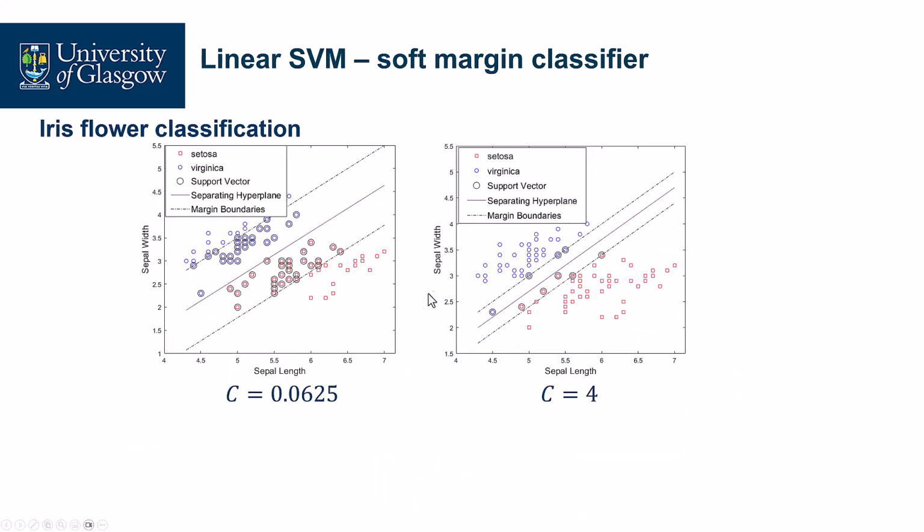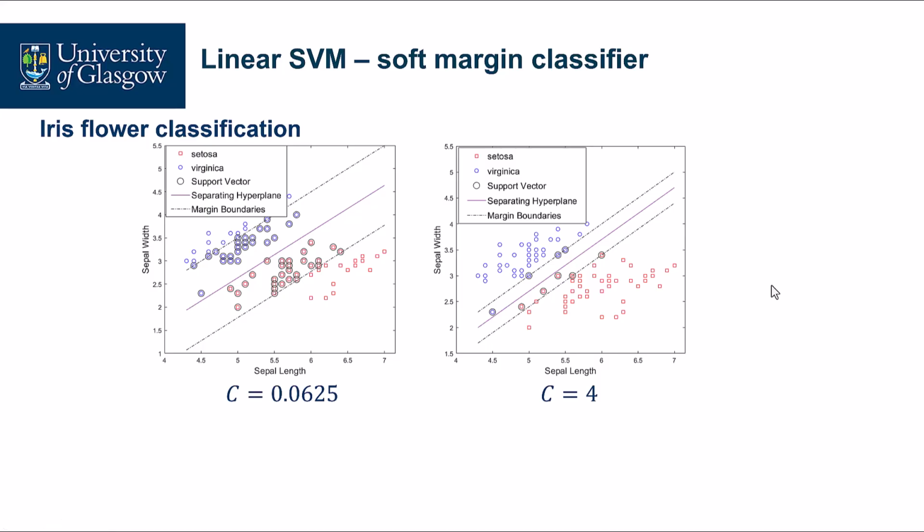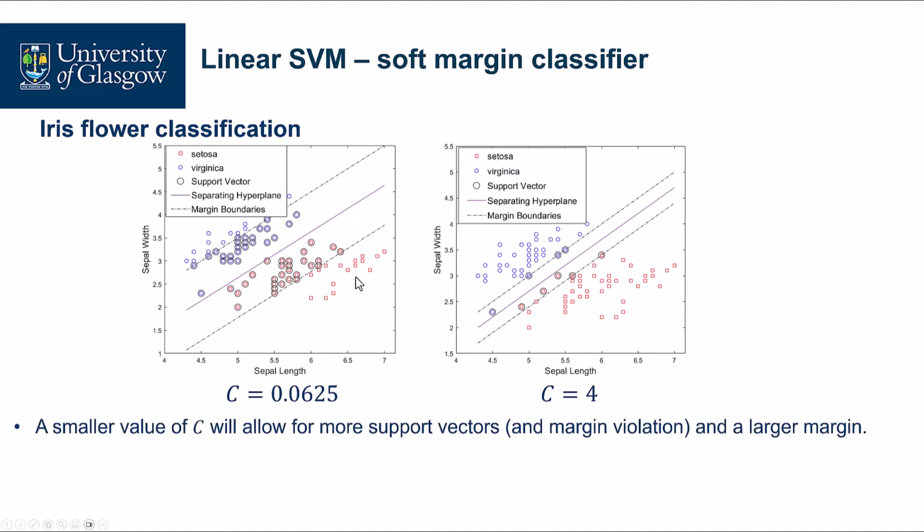In the last slides, we will use the iris flower case, as we have seen in the last session, and we use two values of C, one smaller and one larger, to see the trade-off between the margin itself and the margin violation. For the first one, C is small, and we can see that this allows for more support vectors, right?